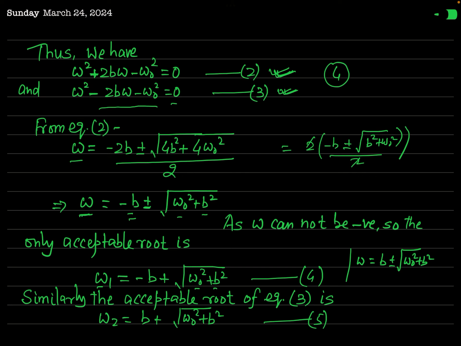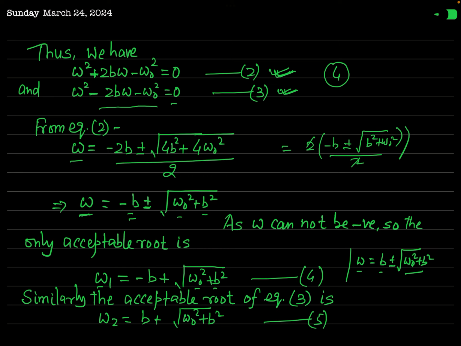I have not solved it, but you can do it. Okay. Now you can see this second term, which is the square root of omega naught square plus b square, is greater than b. So when you take this minus sign, you will subtract a quantity which is greater than b, and so omega will have a negative value again, and so that value cannot be accepted.